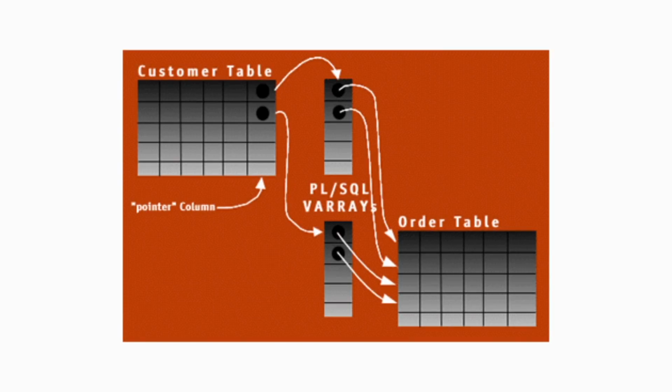All right, before we wrap this lecture up, I want to talk briefly about 2 additional collection types: V-arrays and associative arrays. Associative arrays used to be called index by tables when I was still in the business. We'll start with V-arrays. V-arrays are to nested tables as a Model T is to Mercedes-Benz.